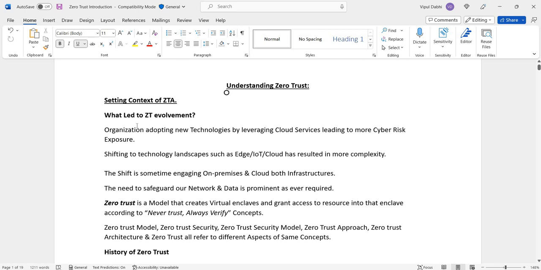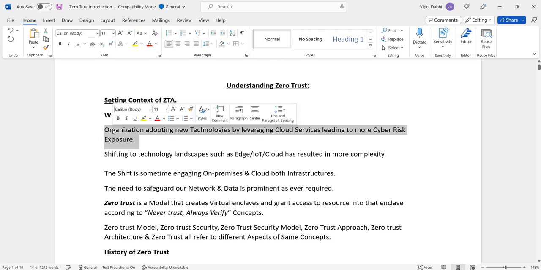Now, first we need to understand what led to ZT. ZT I'm using as an abbreviation here for zero trust, and how it evolved. Basically, organizations are not stagnant, okay? They keep on experimenting and they keep on growing. Organizations always adopt new technologies by leveraging cloud services, leading to more cyber risk exposure.